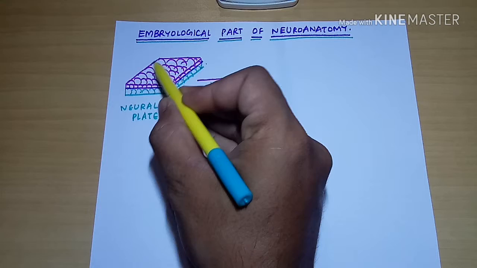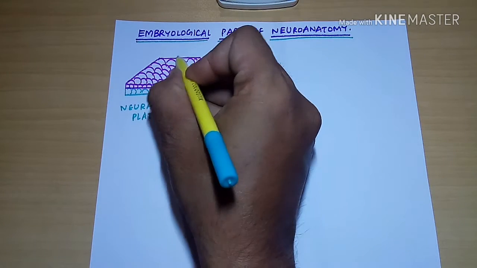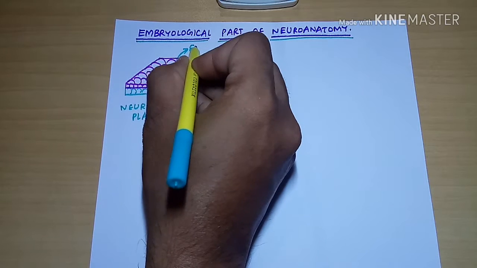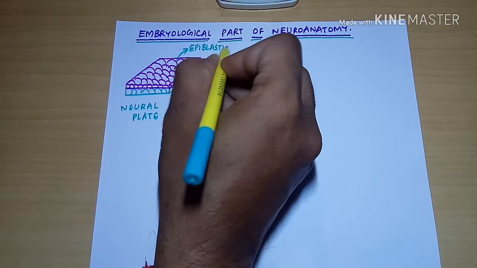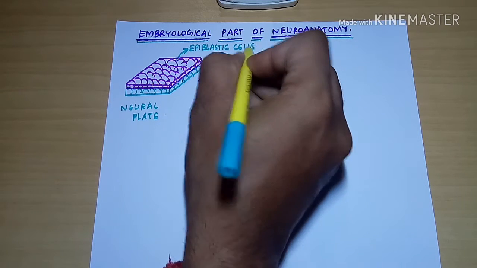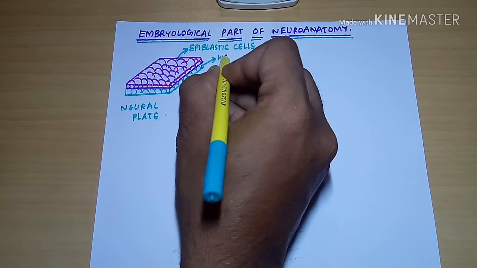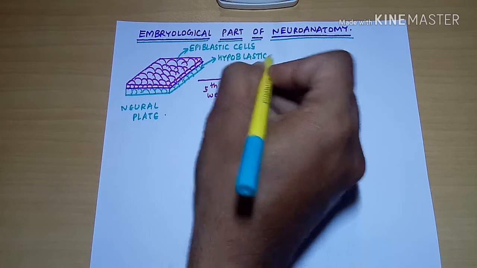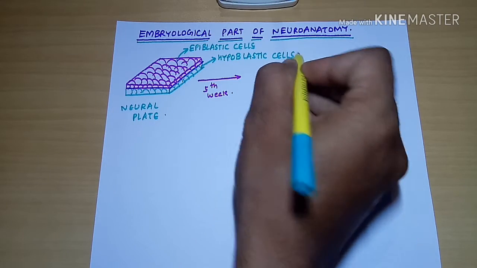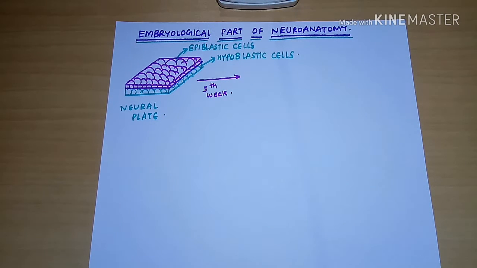The cells present in the above section are the epiblastic cells, and the cells present below the epiblastic cells are the hypoblastic cells. So the neural plate is formed by the combination of the epiblastic cells and the hypoblastic cells.